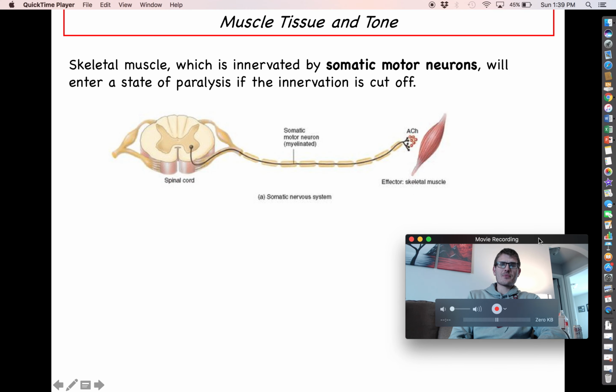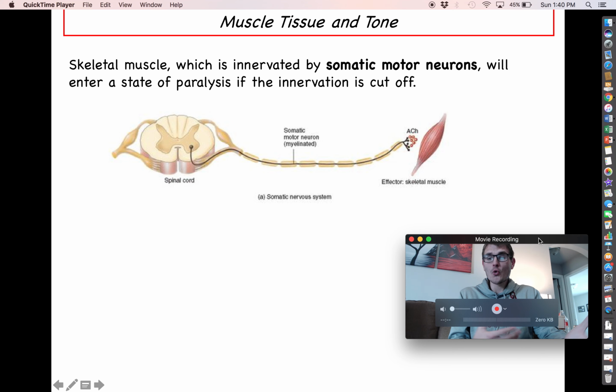Okay, so we are aware at this point that skeletal muscle is stimulated by somatic motor neurons. Now, here's the deal with skeletal muscle, and this will be an important thing to understand for later on when we talk about cardiac and smooth muscle. Physiologically speaking, the only way skeletal muscle can become contracted is if it receives a signal from a somatic motor neuron.